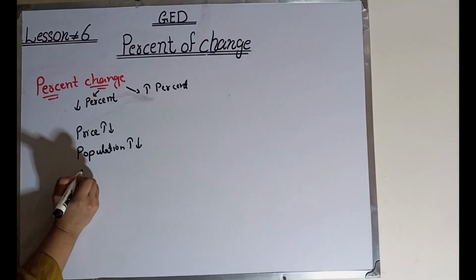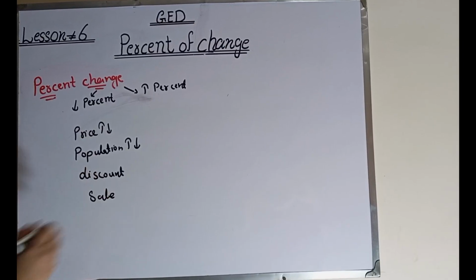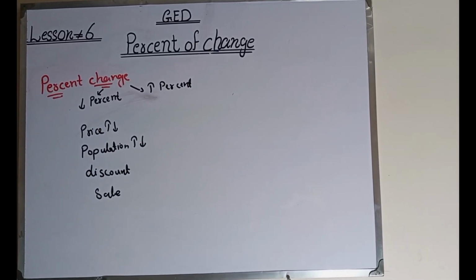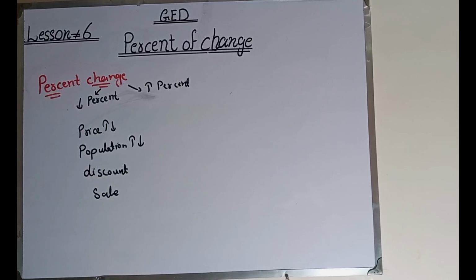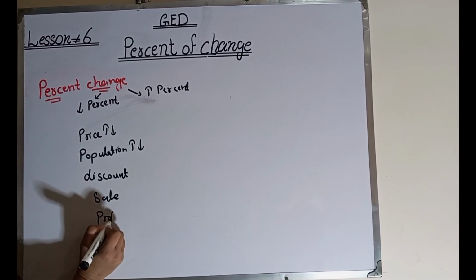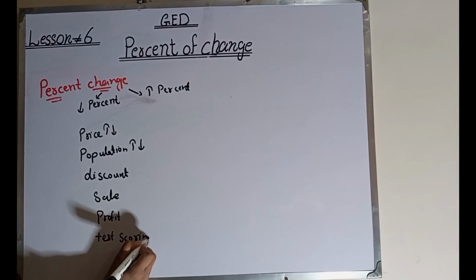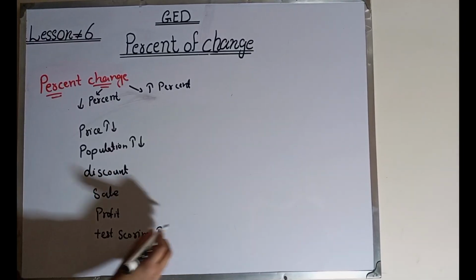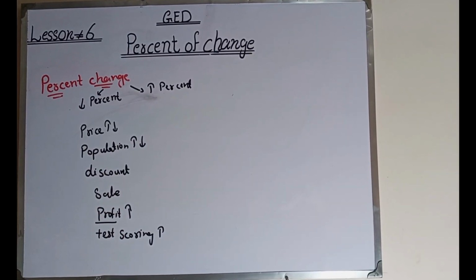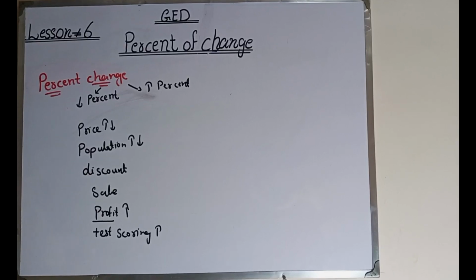Discounts, sales: 50% off, 100% off, 10% off, 70% off. Profits rising, even test scores improving. These are the real life examples in which we use percent change.